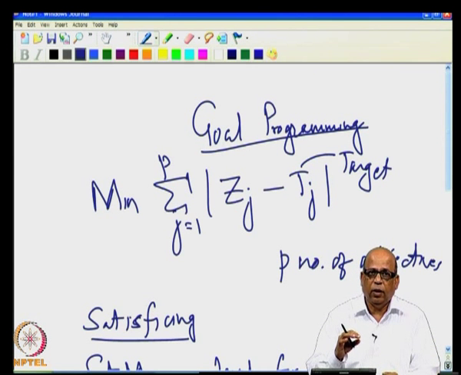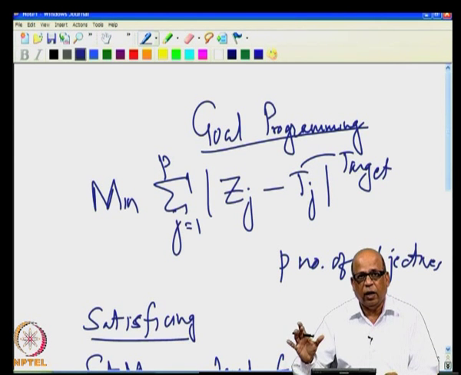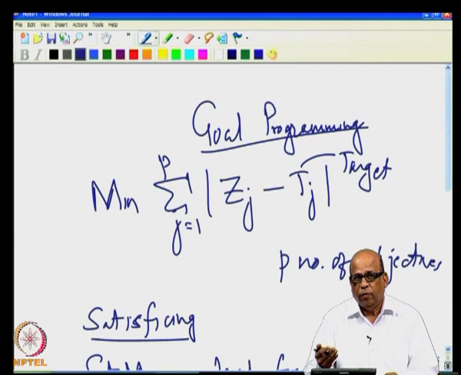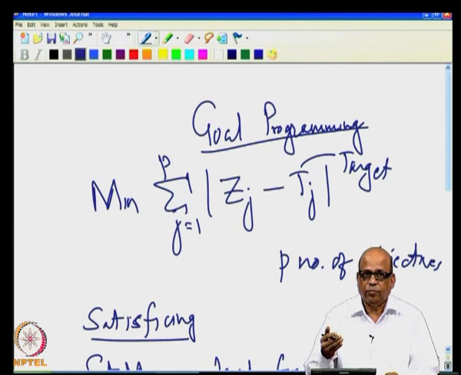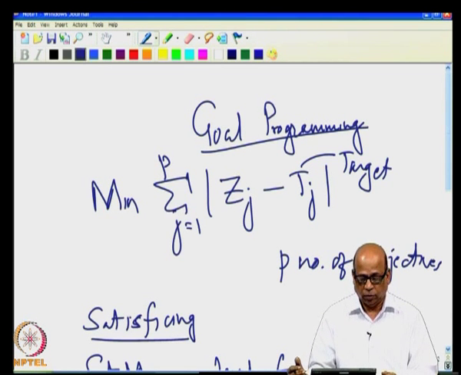You generate a non-inferior set of solutions, where you cannot increase one of the objective functions in a maximization problem without a simultaneous decrease in at least one of the other objective functions. I am sorry, if you have p number of objective functions, you cannot increase any one of the objective functions without a simultaneous decrease in other objective functions. These are called the non-inferior sets of solutions.